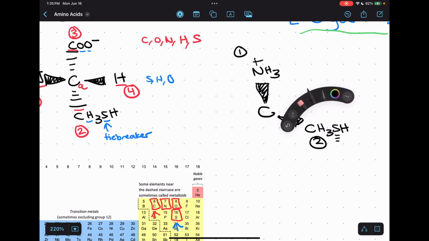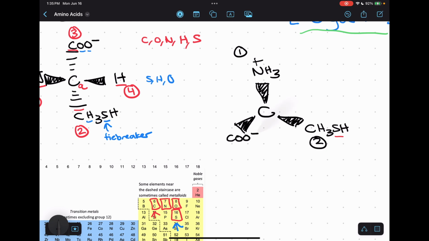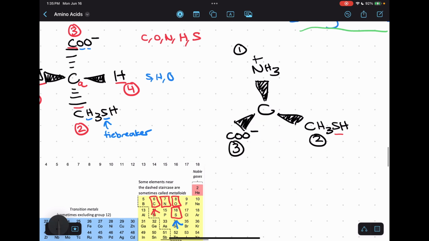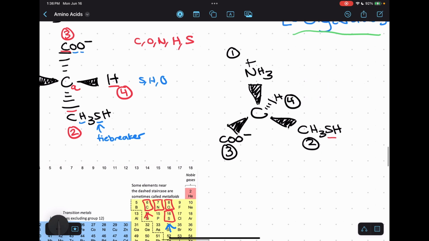Oh, sorry, that actually looks like a dash. It was based on the sulfur substituent. Boom. Okay, now we'll go ahead and add the carboxylic acid substituent, which is priority 3. And then last but not least, we can put hydrogen, which is priority 4.